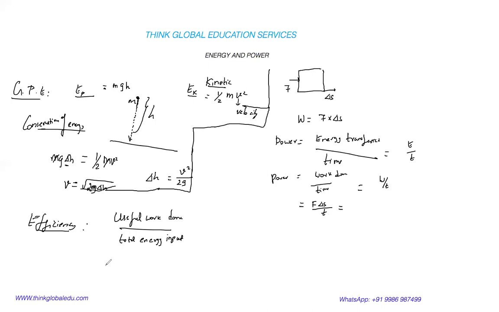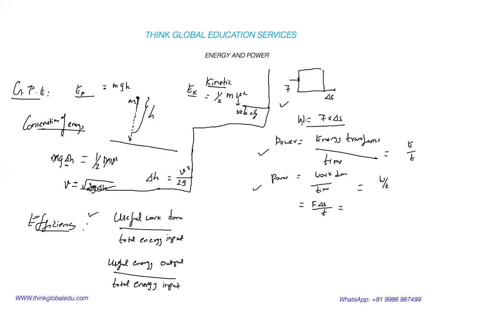We can also write it as useful energy output divided by total energy input. So there are different ways of measuring efficiency and power.